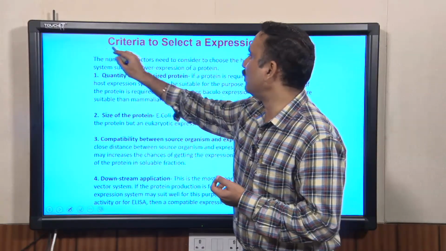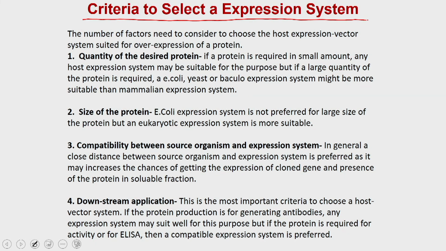We have discussed the criteria to select a particular expression system. It depends on the quantity of the desired protein, the size of the protein, the compatibility between the source organism and the expression system, and also the downstream application.